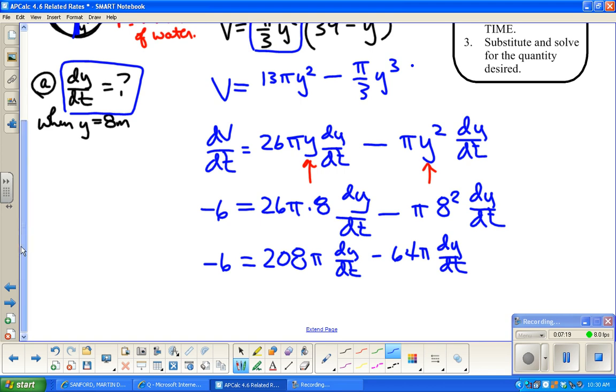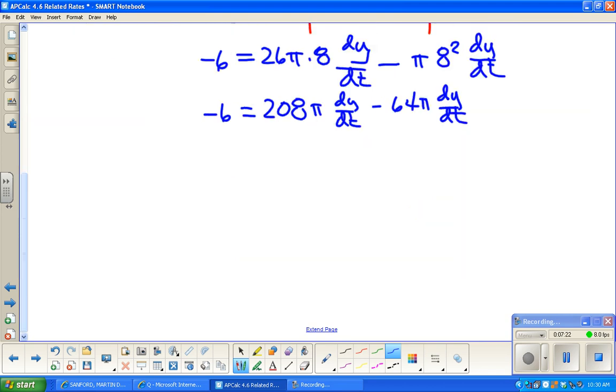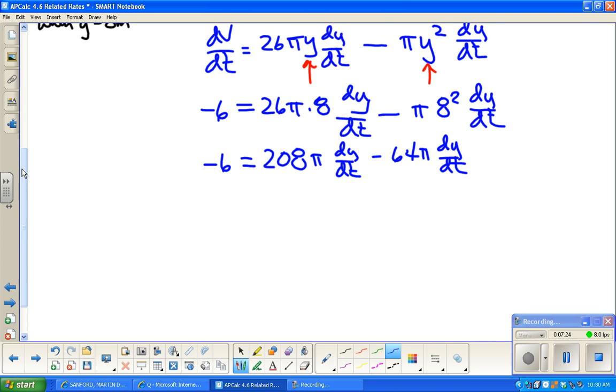Okay, and I can combine some like terms here. -6 equals, so 272 pi? No, it's minus, 144. So I actually didn't have to do any distributing or undistributing. I was able to just combine some like terms. Divide by 144 pi.